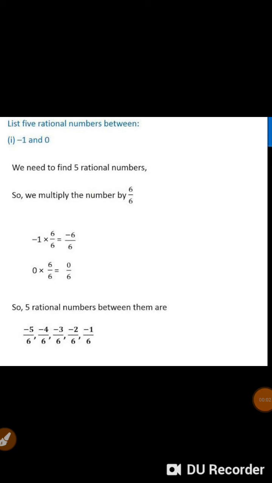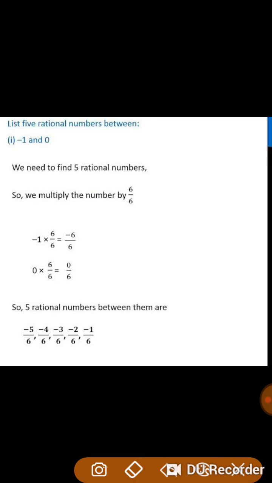Now let us consider an example of a negative rational number and 0. We need to find 5 rational numbers between -1 and 0. So here we will multiply the numbers by 6 upon 6 to make them equivalent rational numbers with denominator 6.